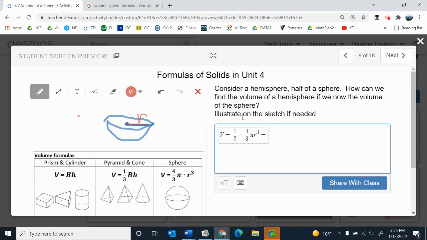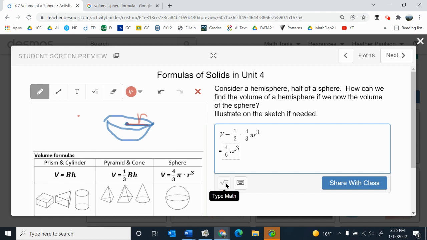Now, when we simplify this, what's 1 times 4? What's 2 times 3? Well, that is equal to 4 divided by 6 times pi times the radius cubed.